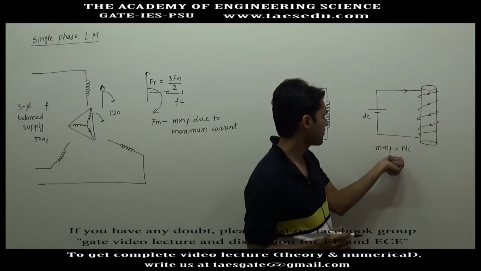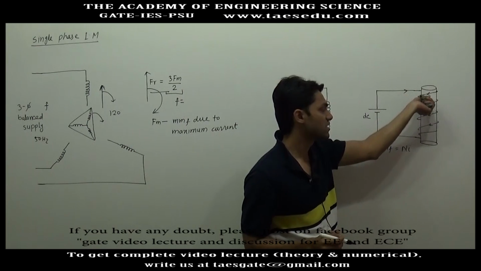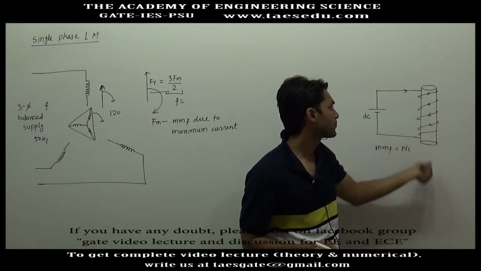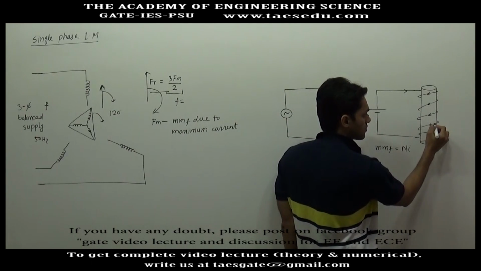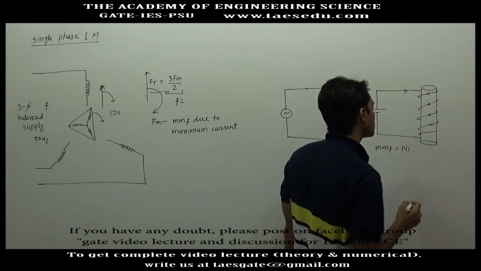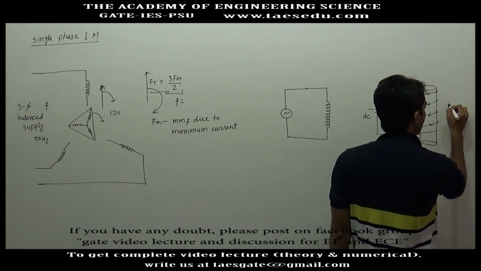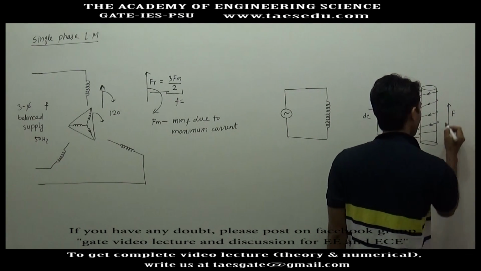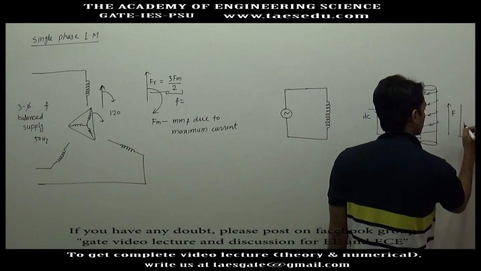The direction of MMF depends upon the direction of current as well as the orientation with which winding has been wound on this soft iron material. So the MMF may be in upward direction, or in downward direction.